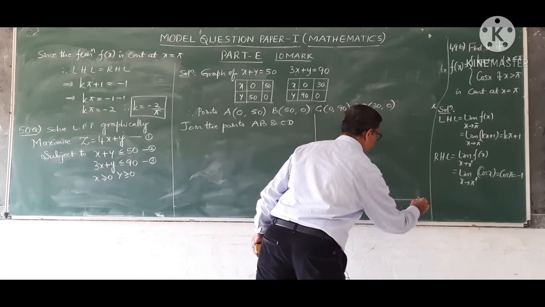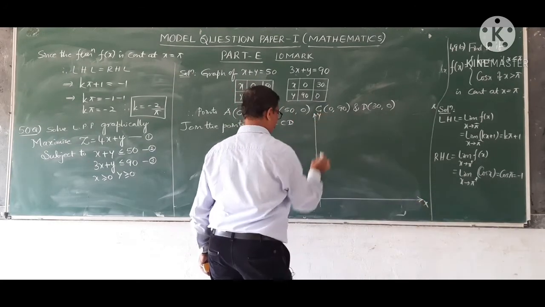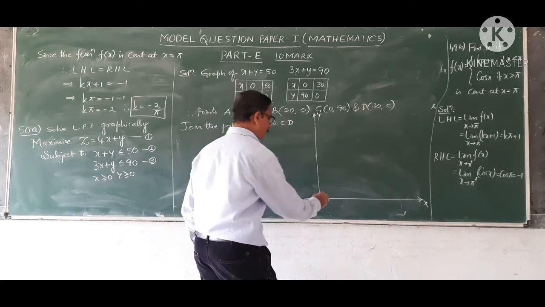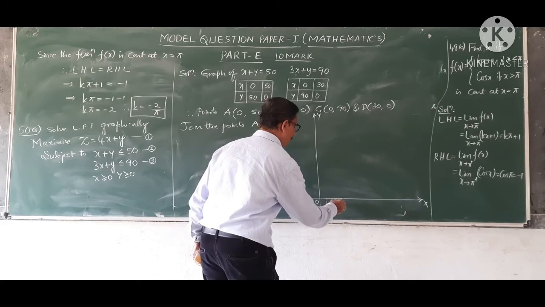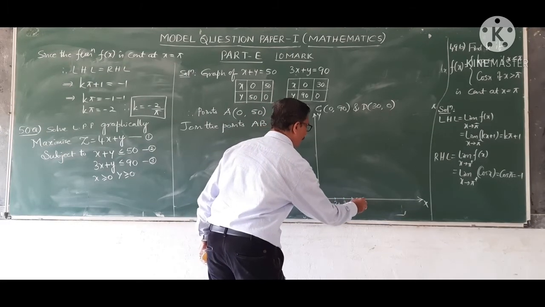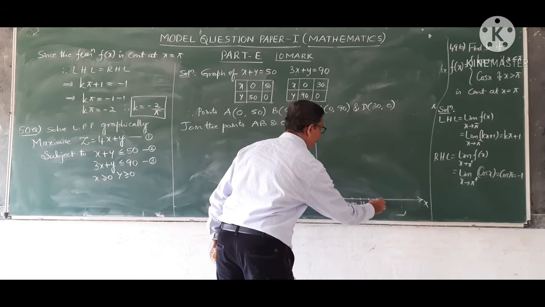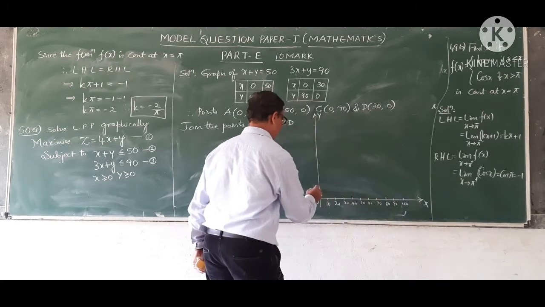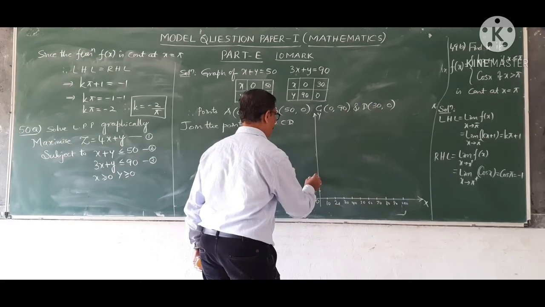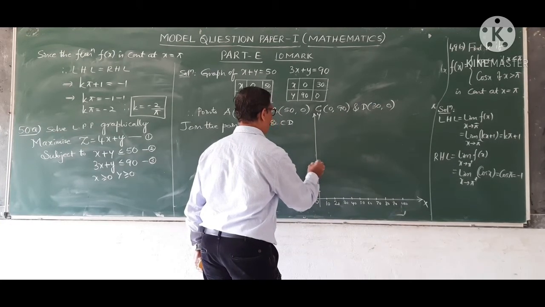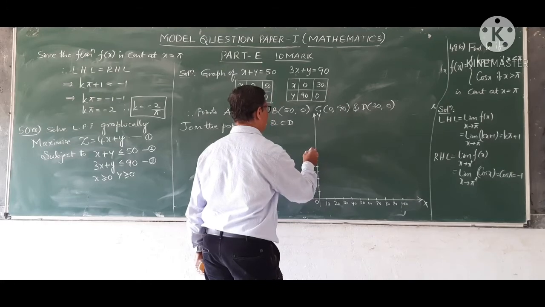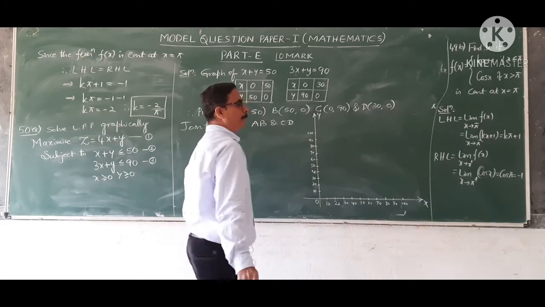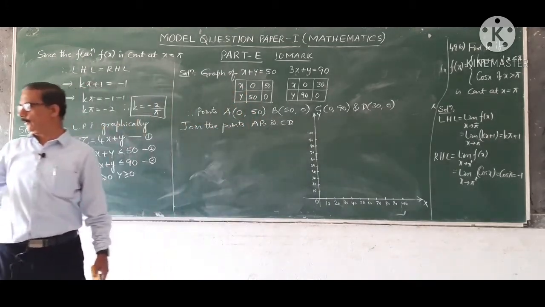X and y axes, O is the origin, scale 1 centimeter is equal to 10 units: 10, 20, 30, 40, 50, 60, 70, 80, 90, 100. Here on the y-axis also 1 centimeter is equal to 10 units: 40, 50, 60, 70, 80, 90, 100. Locate those points in the x and y plane.